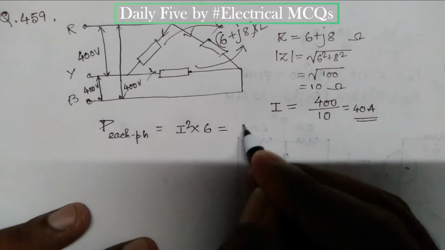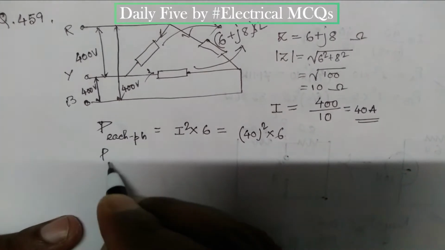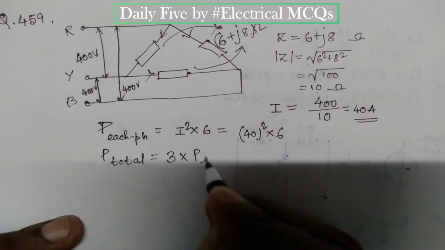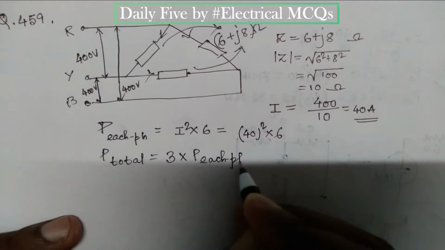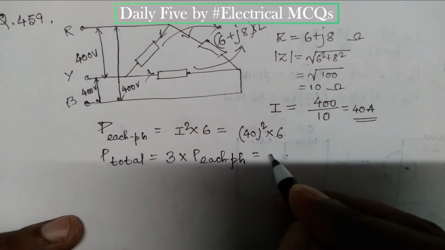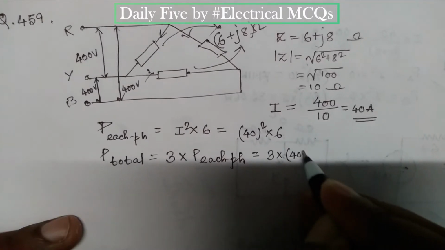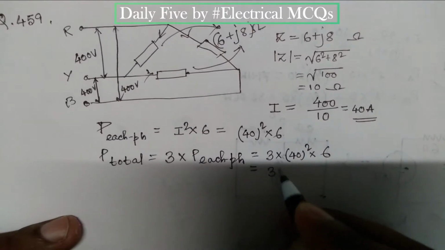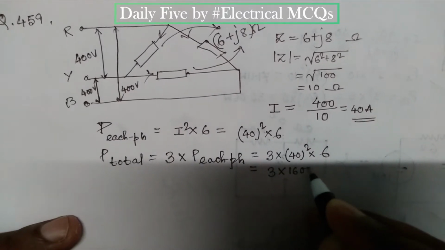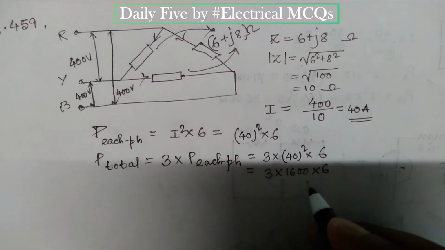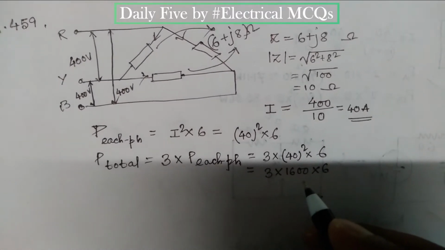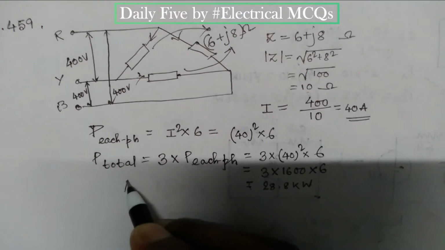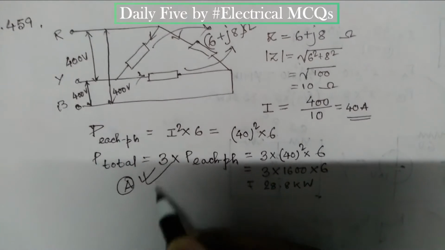Now P total will be 3 into P each phase, equal to 3 into 40 square into 6, which is 3 into 1600 into 6, equal to 28.8 kilowatt. So the option A will be our answer here.